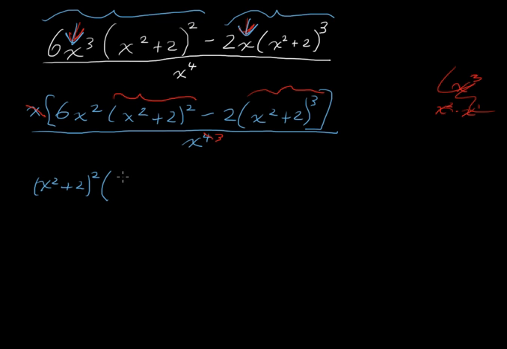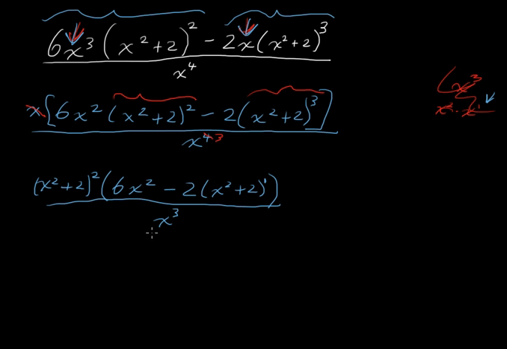Well, it's being multiplied by a 6x squared, and it's being multiplied by a negative 2, and it's being multiplied by another x squared plus 2. That's why we have it to the third power here. So this is x squared plus 2. You could say to the first power there, like we did with that example. Okay, so we factor this out. We still have that x to the third now in the denominator.